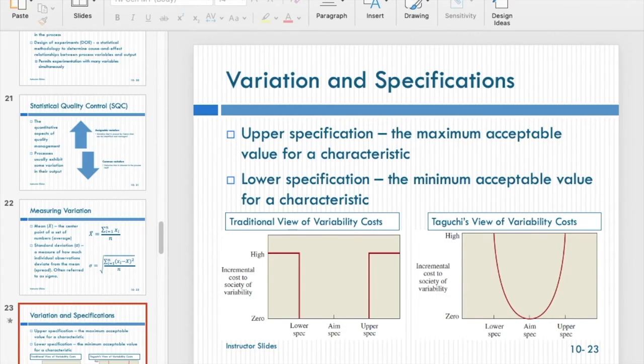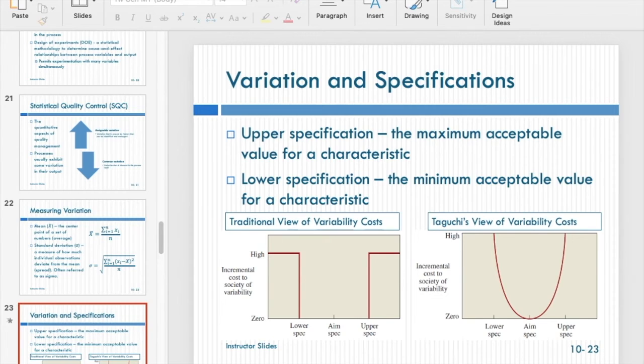Here I also list two different views: the traditional view of the specification limit and the Taguchi view of the specification limit. We will not focus on the difference between these two, but let me give you a brief explanation. In the traditional view, if the length of this product is 10.04 inches, we say this is acceptable because 10.04 is still within the range between 9.95 and 10.05.